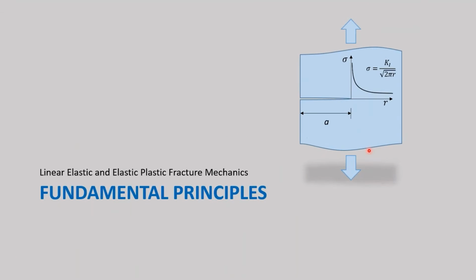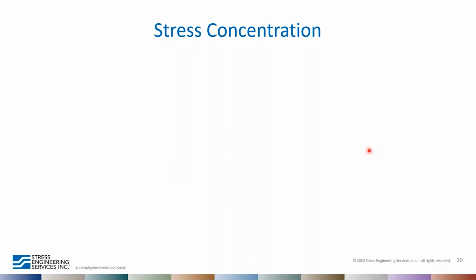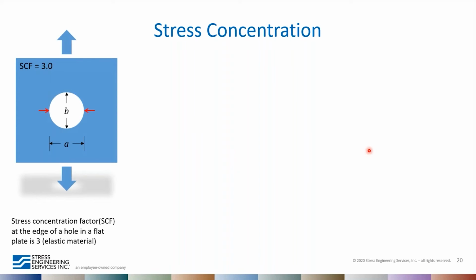All right, so let's look at a few fundamentals of fracture mechanics. We'll talk about stress concentration first. Let's consider a flat plate made of an elastic material with a hole in it. If we apply a remote stress, then basic mechanics tells us that at the edge of the hole there will be a stress concentration with a multiplier of 3 on the stress.